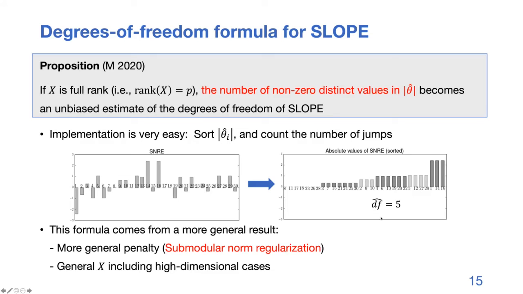So in this example, the degrees of freedom is 5. And actually, this formula comes from a more general result that can be applied to more general penalties, which we call submodular norm regularization, and more general X, including high-dimensional cases.